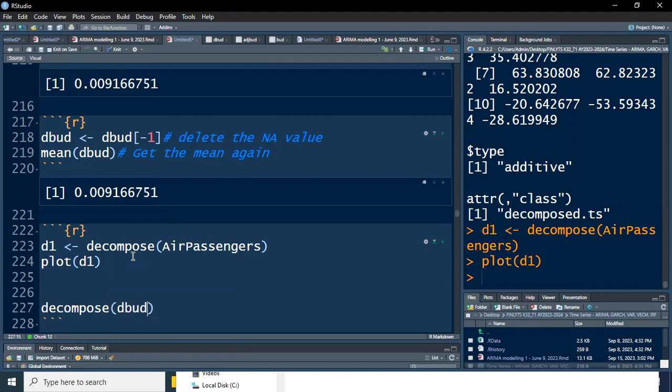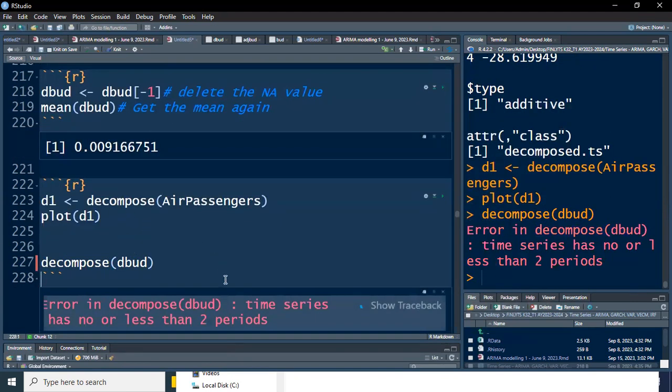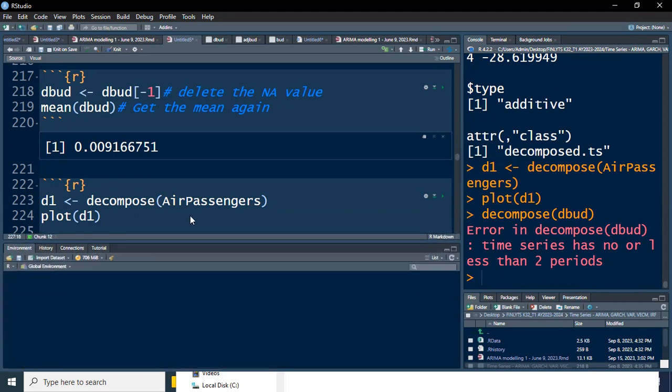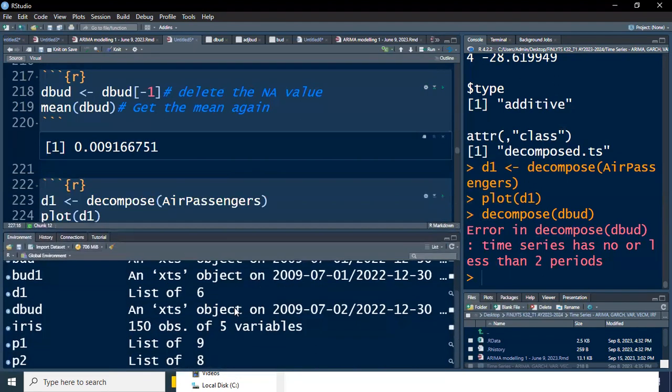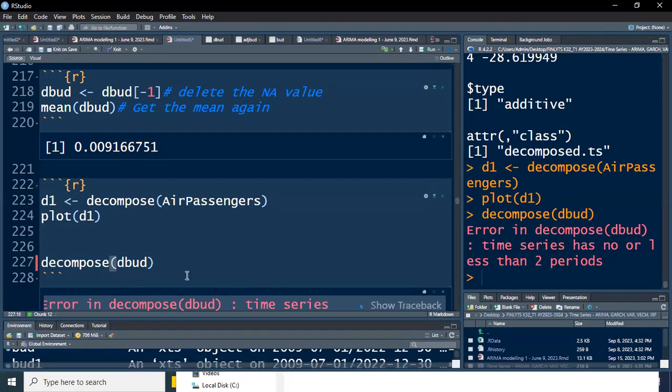Dbud, no? So it doesn't work: the time series has no or less than 2 periods. It doesn't like the XTS, no?